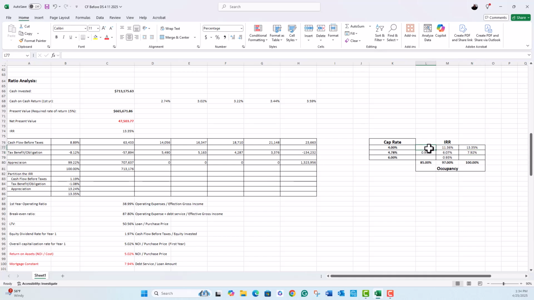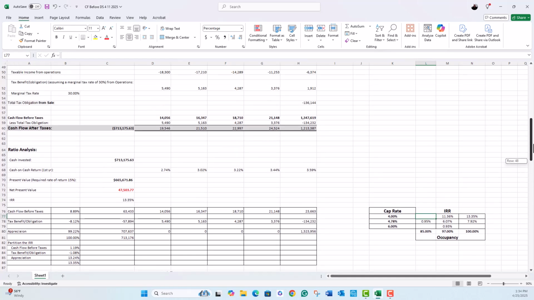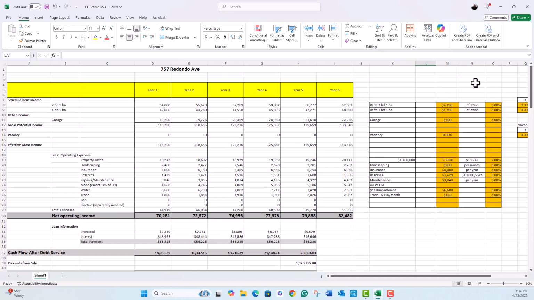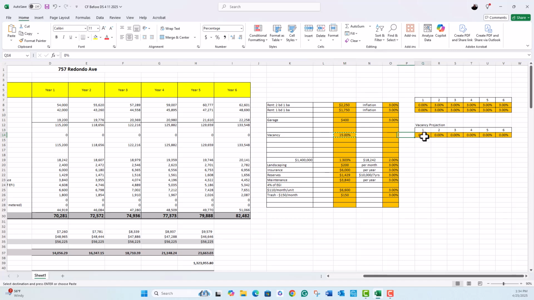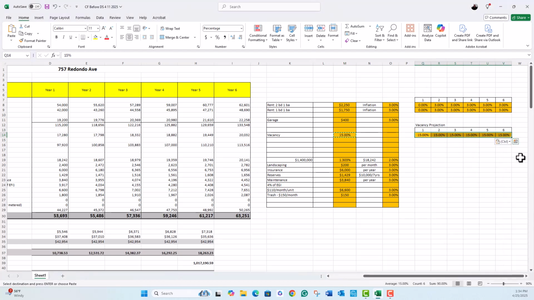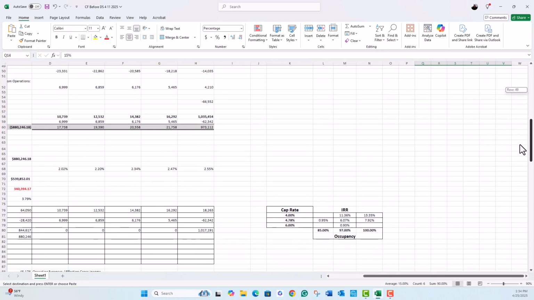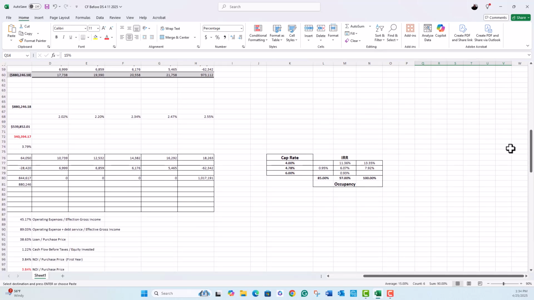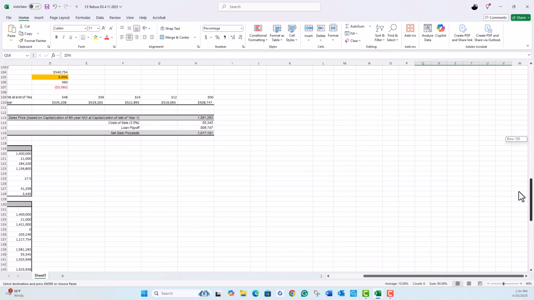Okay, what happens at an 85% occupancy? Okay, let's change that. So I'll change this to 15% vacancy. Let's go back down here. Add a 4.0 cap. Let me just make sure.